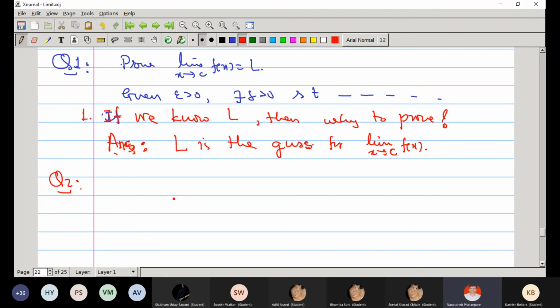Without curiosity, you cannot learn mathematics. How to guess?